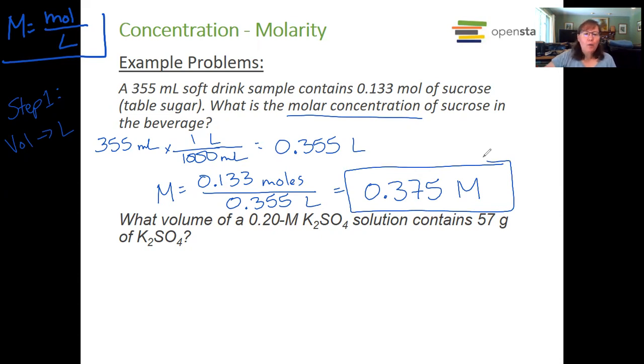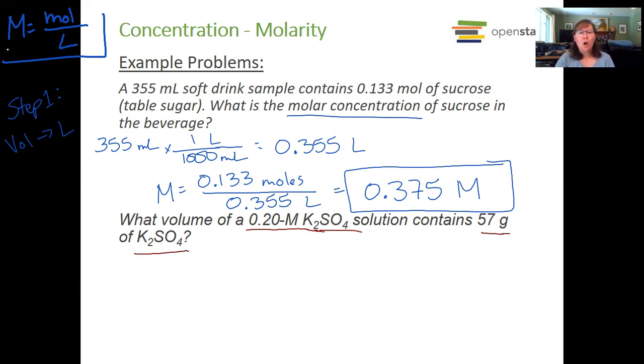Now we're looking at a second problem here. So I'll go ahead and change my ink color. I'll go with a nice burgundy. What volume of 0.2 molar potassium sulfate, K2SO4 solution contains 57 grams of K2SO4?